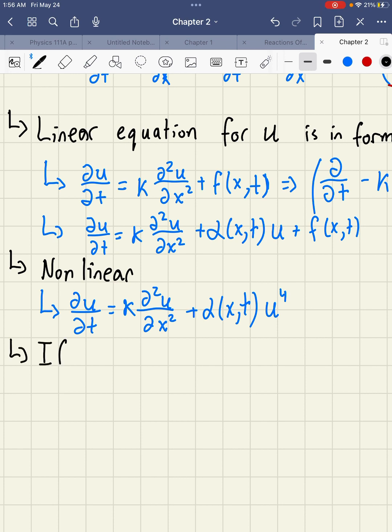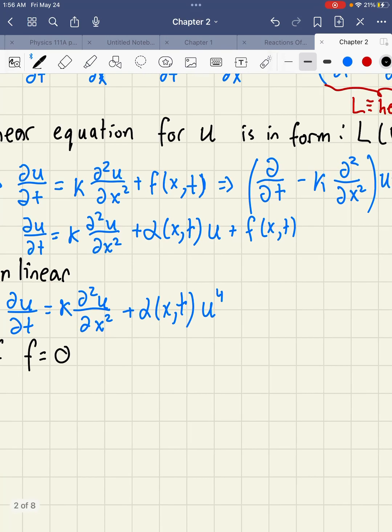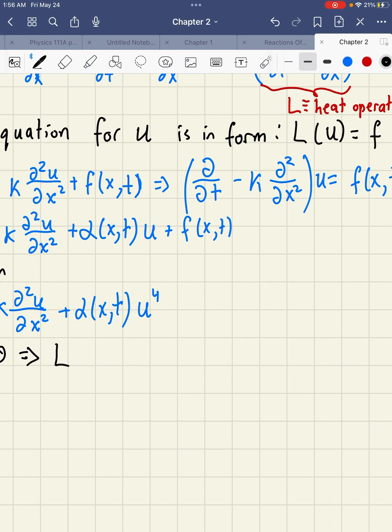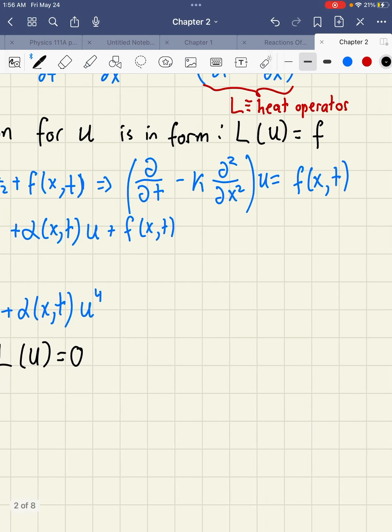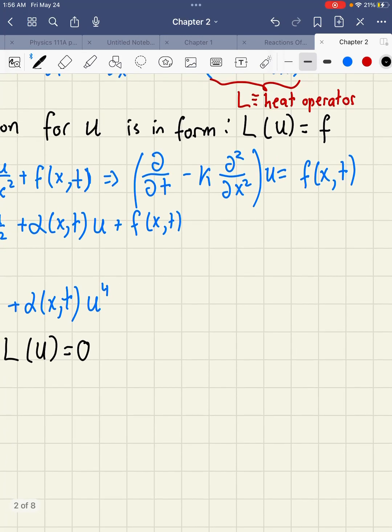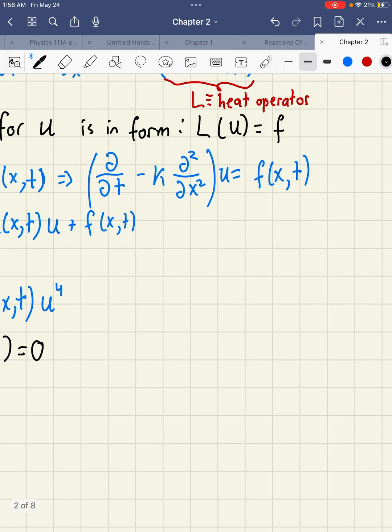If my f is external, there are no sources at all for my linear equation, therefore the equation becomes equal to 0. Specifically, if there's no outside source, nothing besides my unknown function on one side, it's called a linear homogeneous equation.